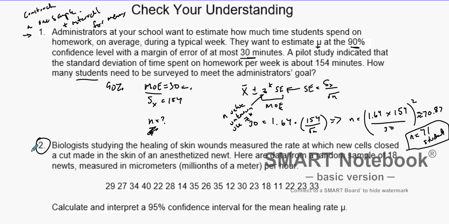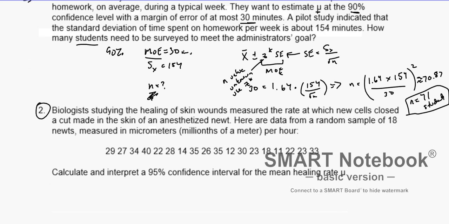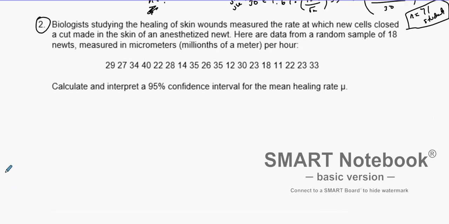So let's go down here and figure out how to find a confidence interval for means. A biologist studying the healing of skin wounds measured the rate at which new cells closed a cut made in the skin of an anesthetized newt.